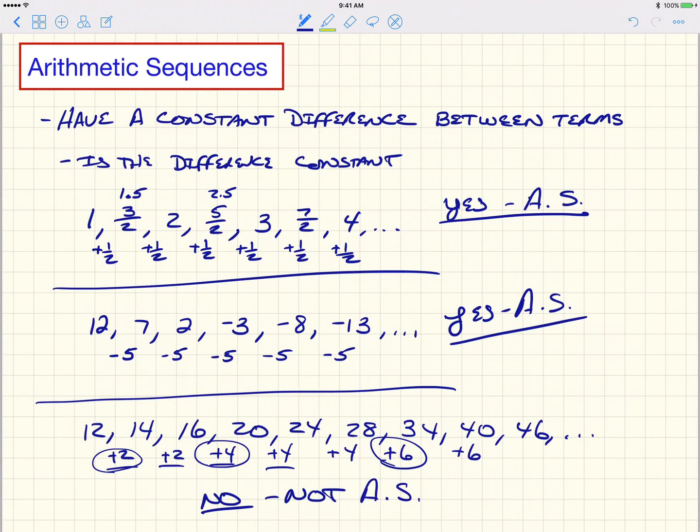In the next video, we're going to take a look at how to describe an arithmetic sequence mathematically with an equation. So take a break, go get yourself some hot cocoa or something, have a little breakfast, and then come back and we'll talk about how to describe mathematically an arithmetic sequence.